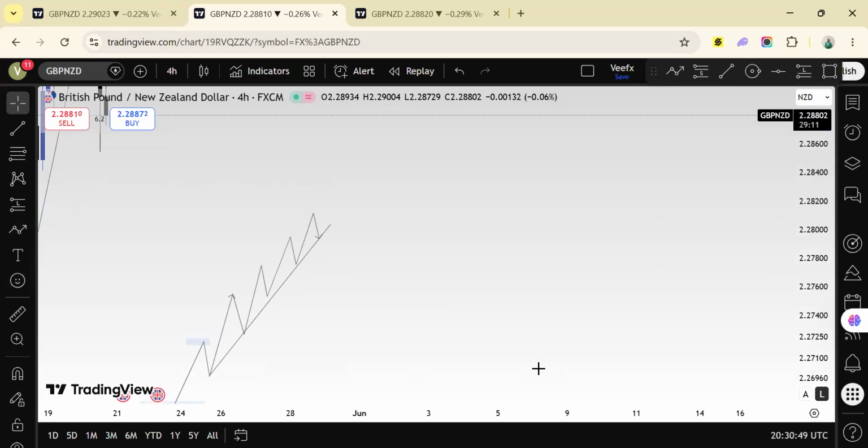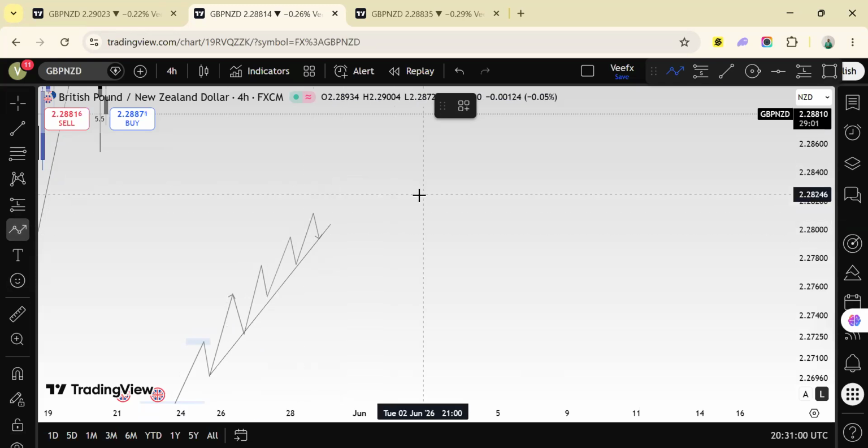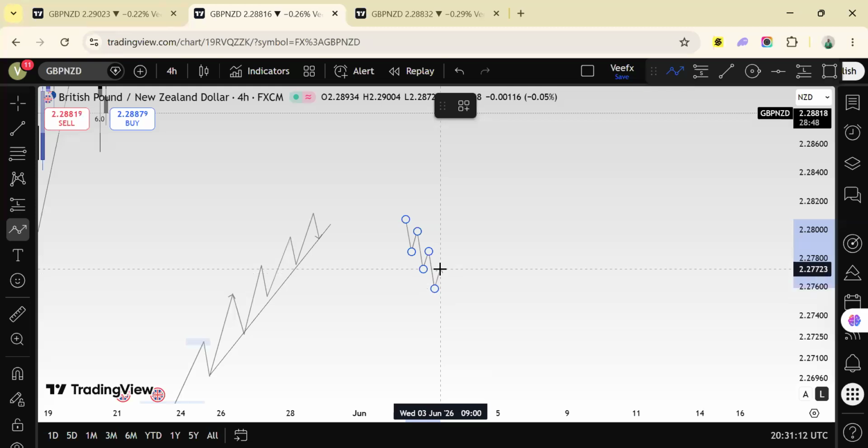The second way is what we call the downtrend, which is basically the opposite of the uptrend, right? In the downtrend case, we have price giving us a series of lower lows and lower highs.